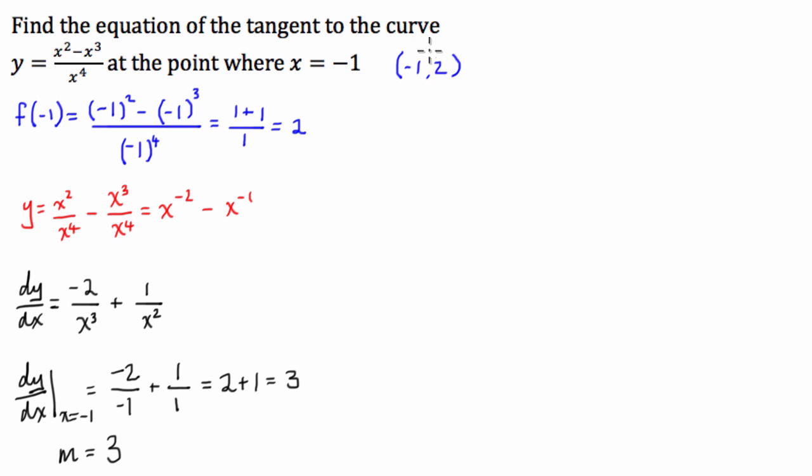Now, the structure of our tangent line, the tangent to the curve, is going to be y equals mx plus c. And this is the gradient intercept version of the linear equation. Now the gradient, which we've just worked out, is this m here.